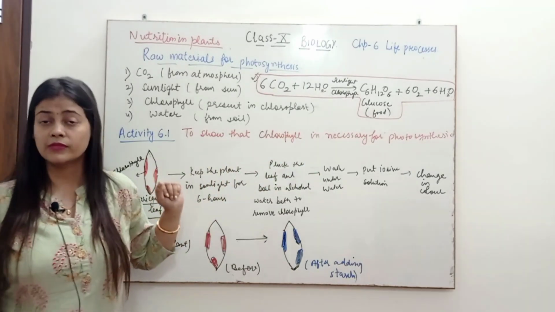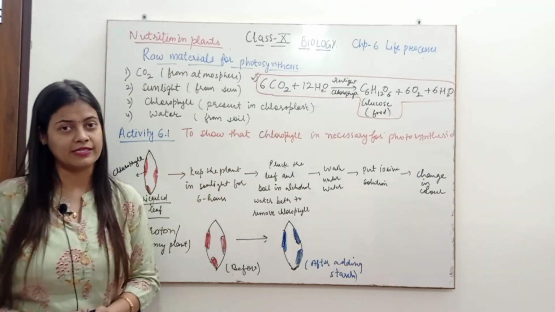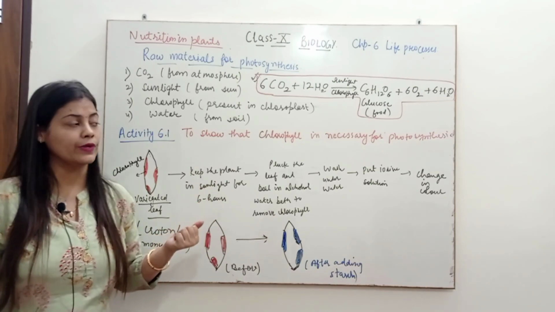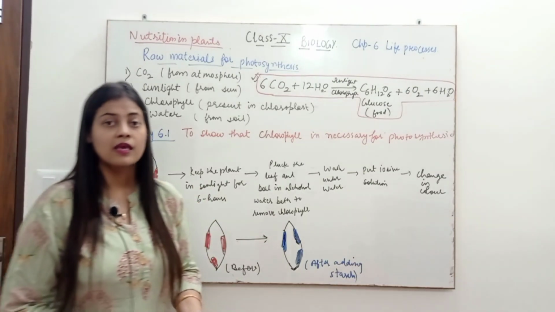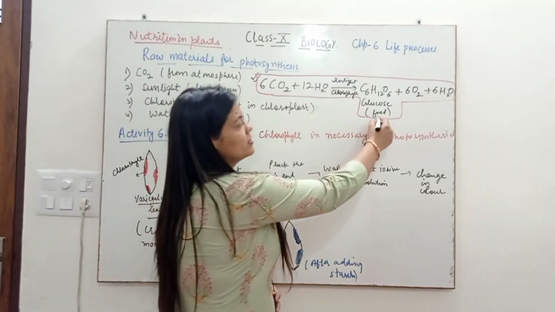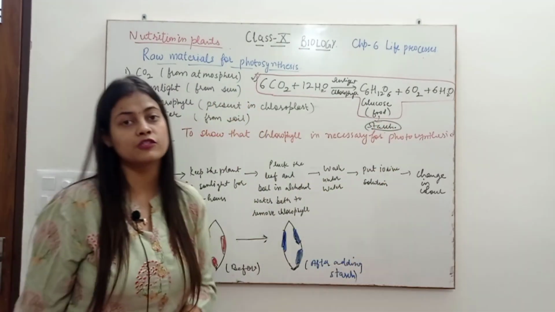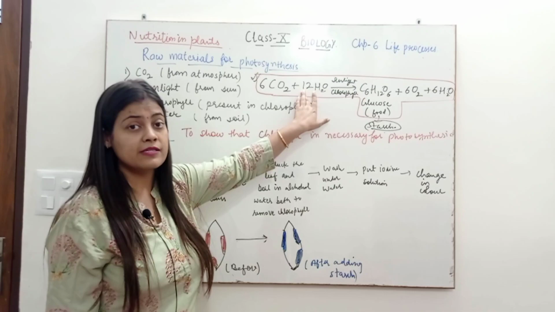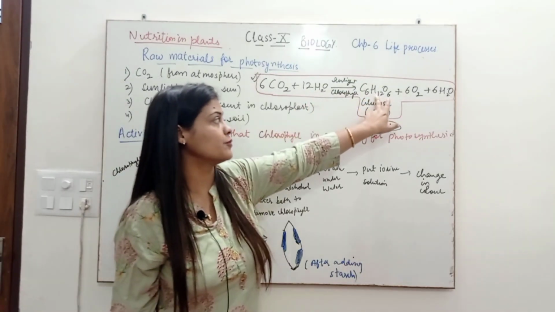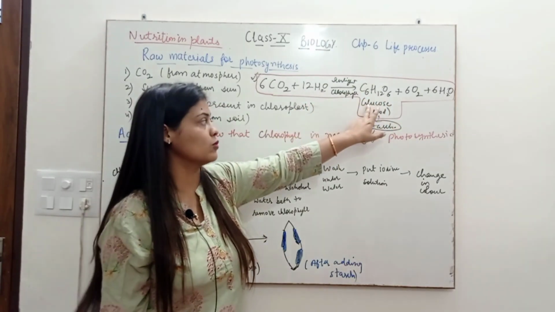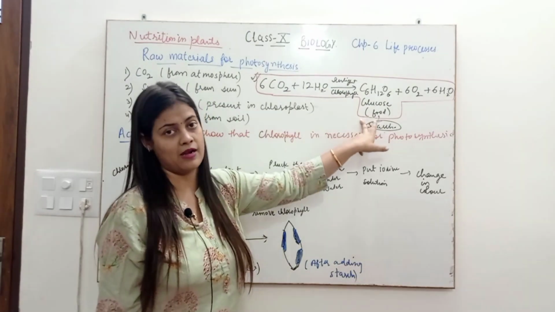To prove that chlorophyll is necessary, we will prove the presence of starch in the plants. Now what is starch? You know that plants perform photosynthesis and the product is in the form of glucose, which is the food for plants.